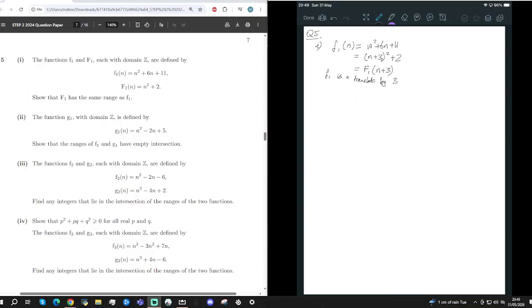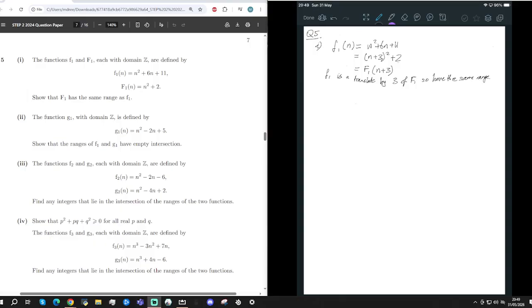I believe if we translate little f1 by 3 in the negative direction, we get to f of n+3, capital F1, and so little f1 is the other way round, a translation by 3 of F1, so they have the same range.